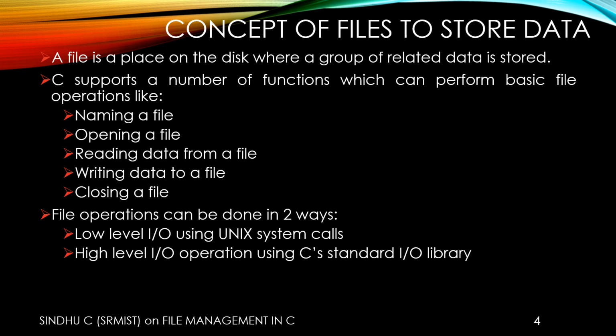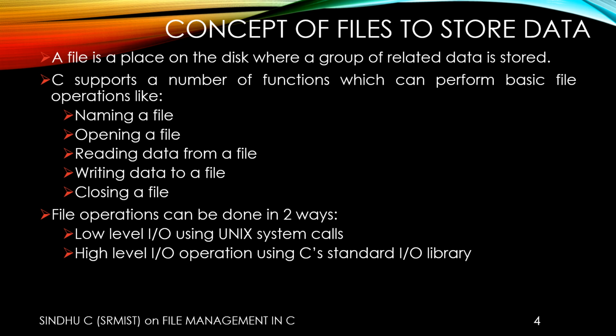Concept of files to store data. We all know that a file is a place on the disk where a group of related data is stored. C supports a number of functions which can perform basic file operations like naming a file, opening a file, reading data from a file, writing data to a file, and, once all the operations are performed, closing the file.